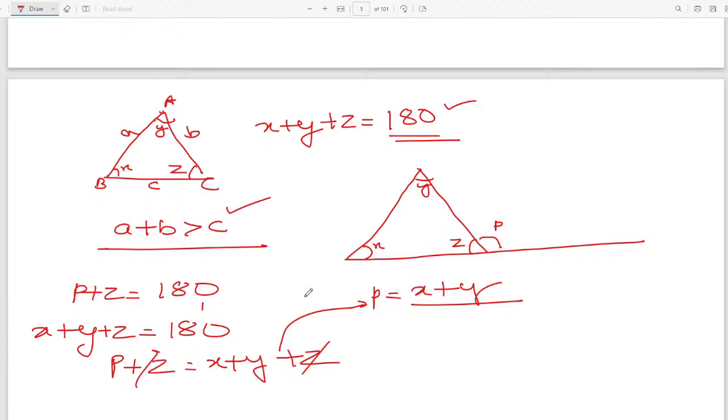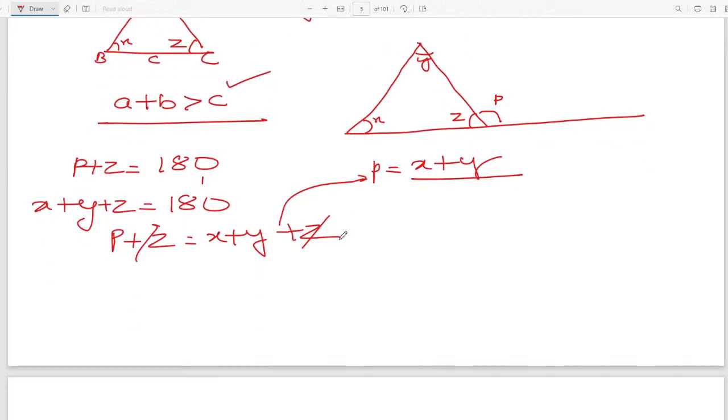And there is one more concept. It says that if these two angles are equal, then the opposite sides of these two, this and this, would be equal.